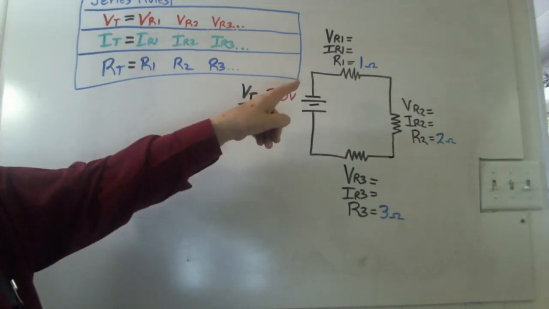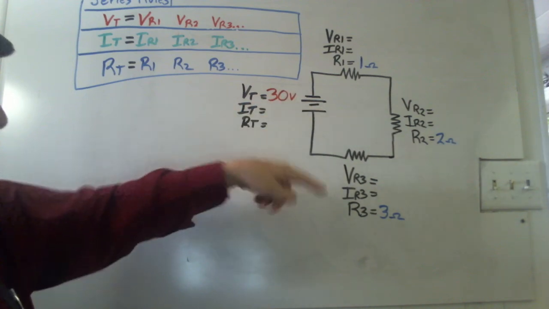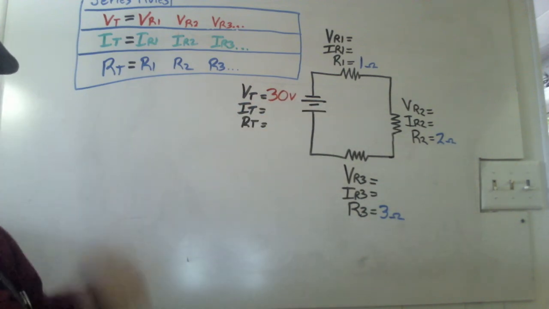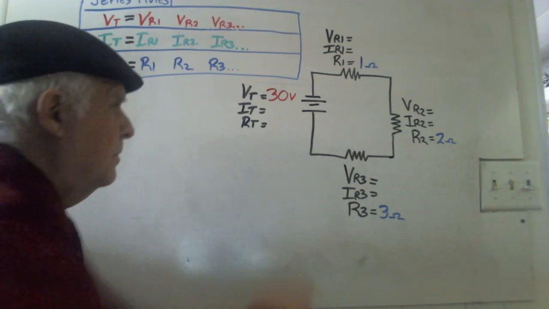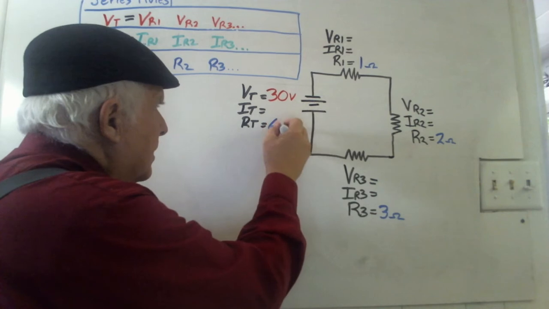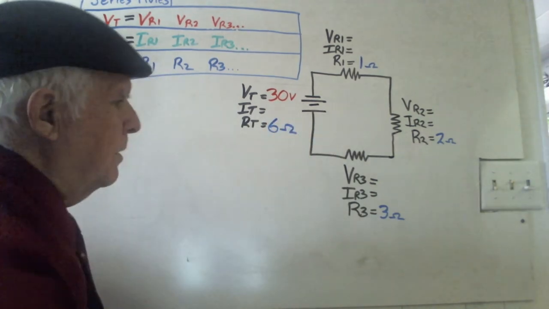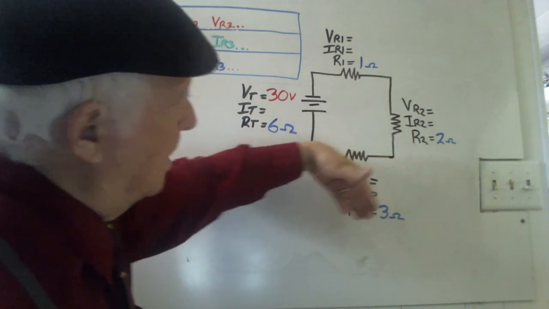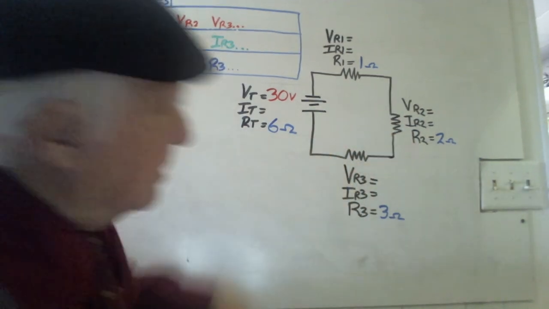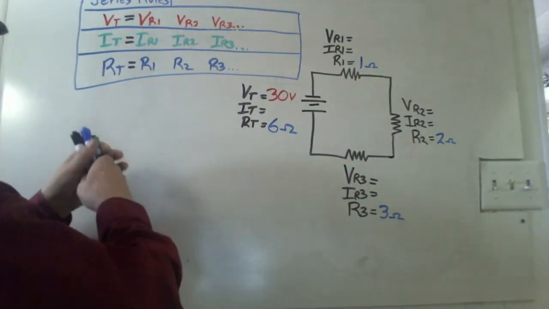One resistor is 1 ohm, then 2 ohms, then 3 ohms. Well, if you guessed 6, you'd be right. 6 is the total resistance here, 6 ohms. The reason is that to get the total resistance we simply add up the 3 resistors in series. That makes it a little bit easier.